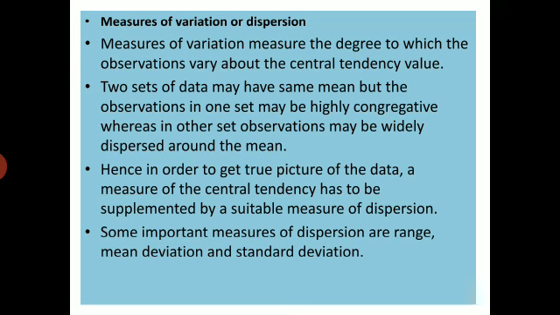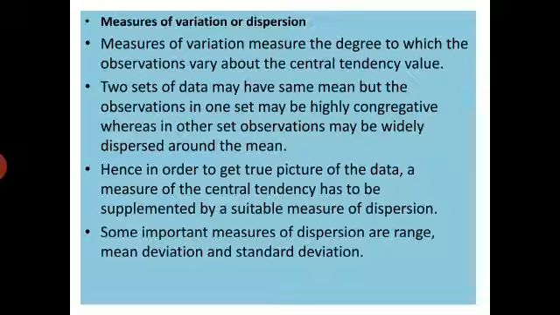So these ranges provide information on the spread of the data around the center. And in this session, we will look at two measures of dispersion called the variance and the standard deviation.